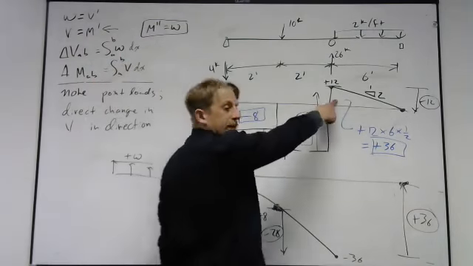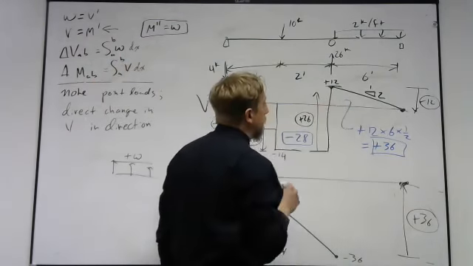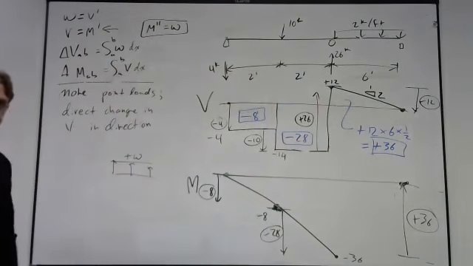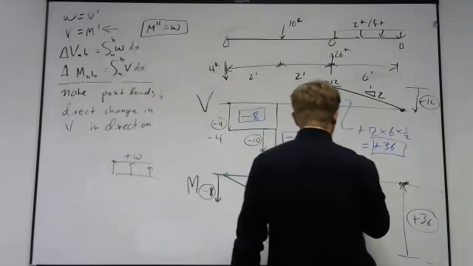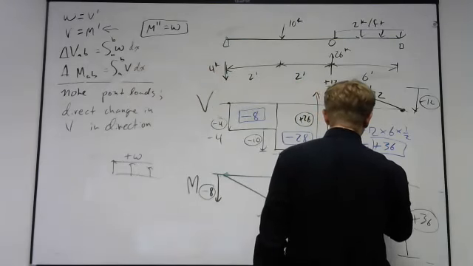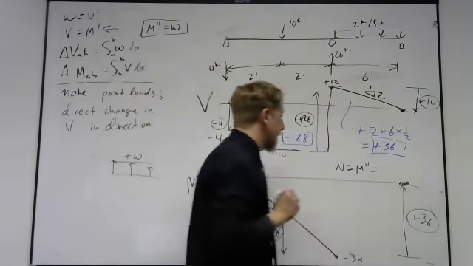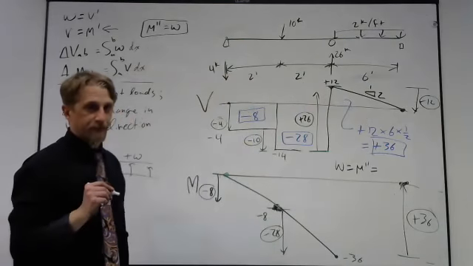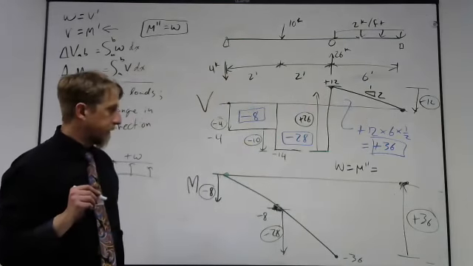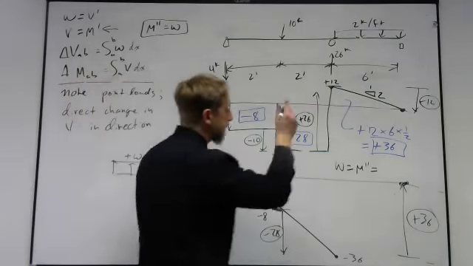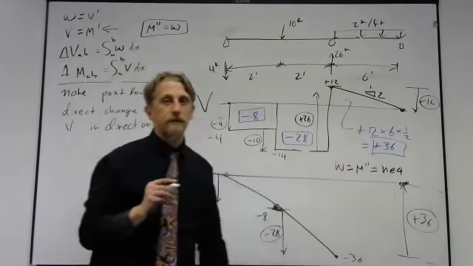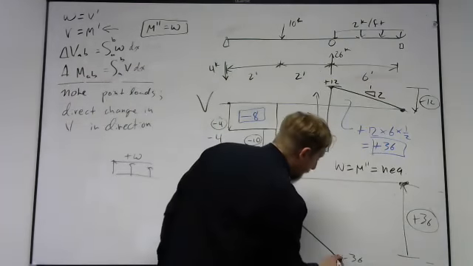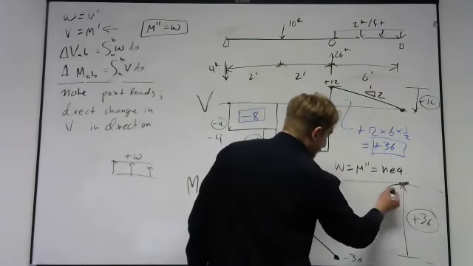Okay, what about this guy? It's positive. It's not constant. I'm just going to use this simple formula that the concavity of the M diagram is W, and this is negative. So I know I should draw it with some negative concavity. I'm connecting these 2 points with negative concavity.